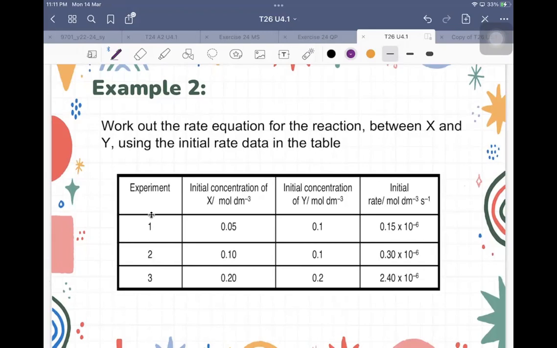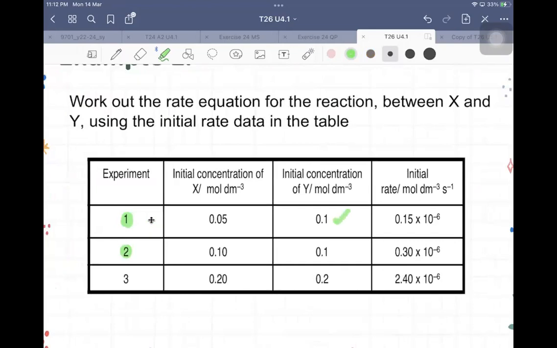Let's start with reactant X. For reactant X, I think we can use experiment 1 and experiment 2 because our concentration of Y is constant.